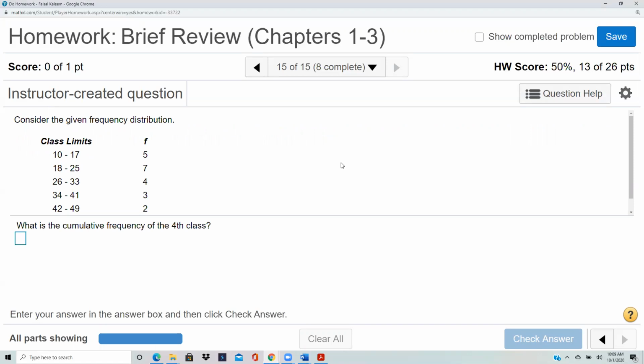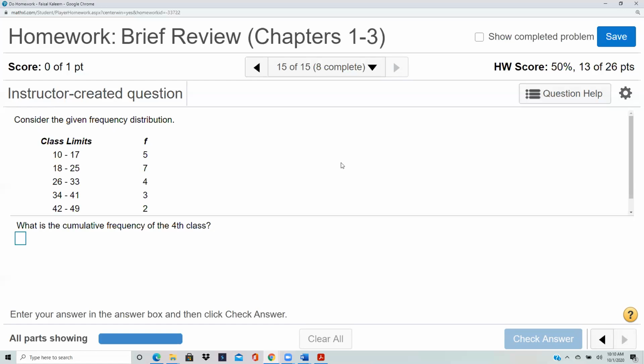You have to do the cumulative frequency of the fourth class. Mm-hmm. I kind of get these mixed up, cumulative frequency and relative frequency. Yeah. So think about the English. In cumulative, don't we keep accumulating things?